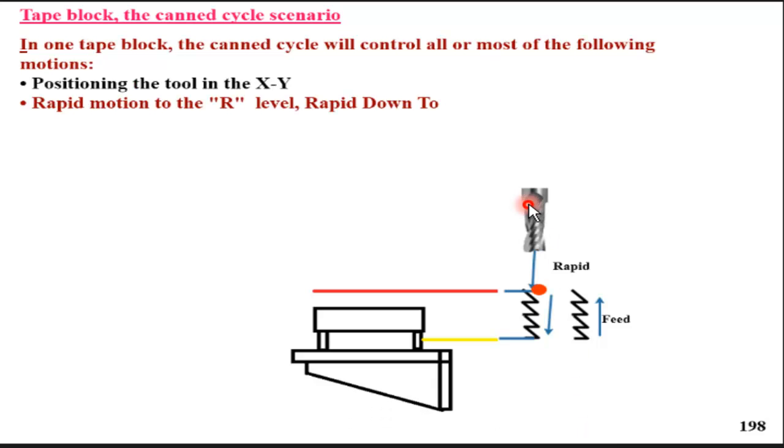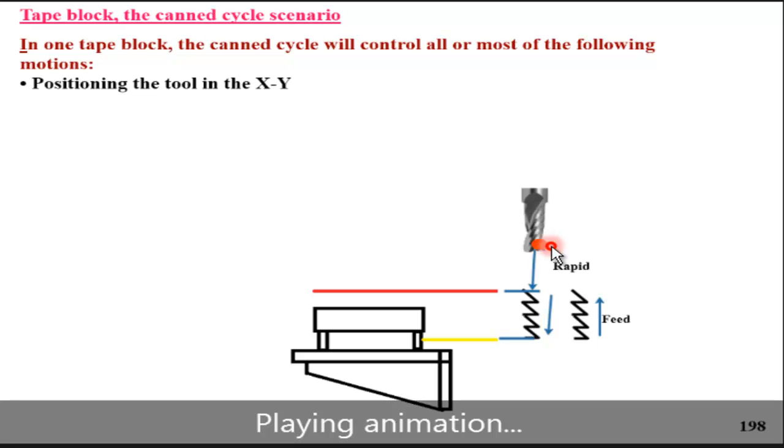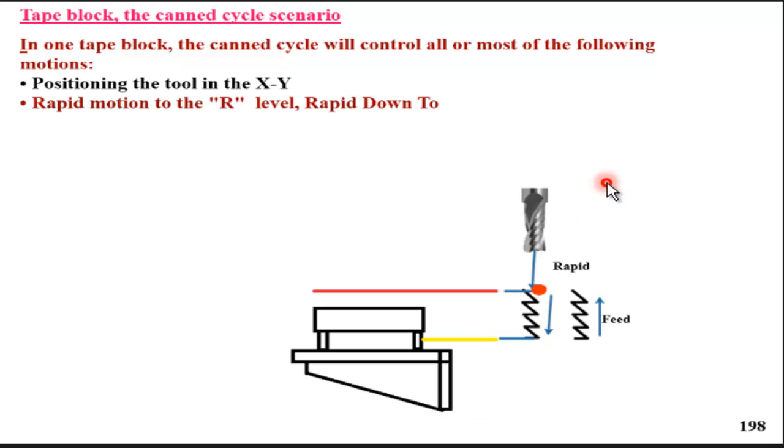First, we position the tool in the XY direction, like this. So this is the tool already positioned in the XY direction. Then after positioning the tool, it will make a rapid movement to the R level.